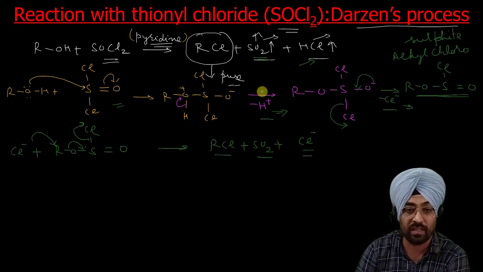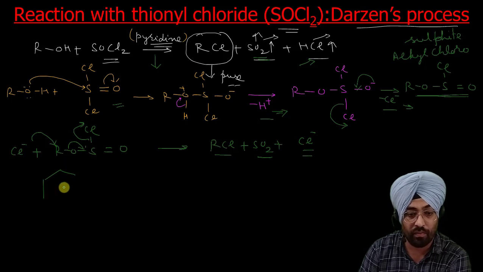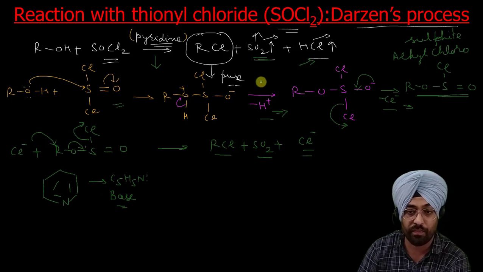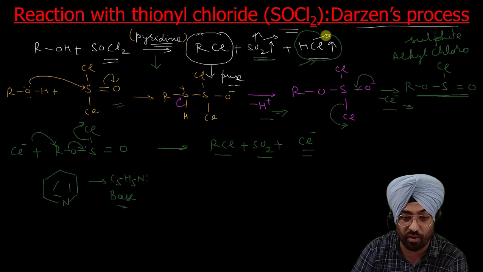Now let us discuss the function of pyridine, which is a base. The structure of pyridine is this. This is pyridine, C5H5N, and it acts as a base. The first function of pyridine is that it reacts with HCl, which is an acid, so they form a salt.